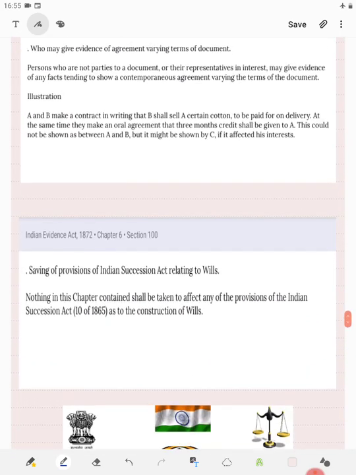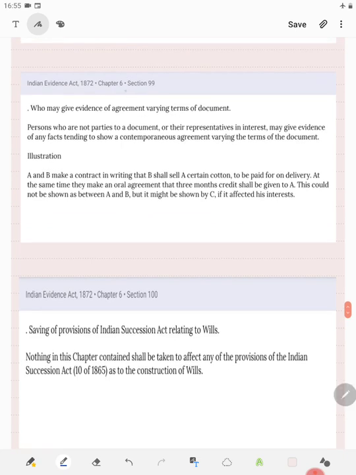Now two sections are in the end: section 99 and section 100. Section 99 simply says that as far as the document is concerned, there are certain terms and conditions written in this document. This document has been proved as per the requirement of section 91.